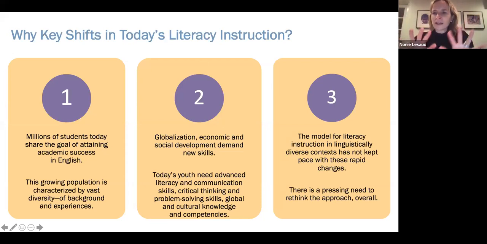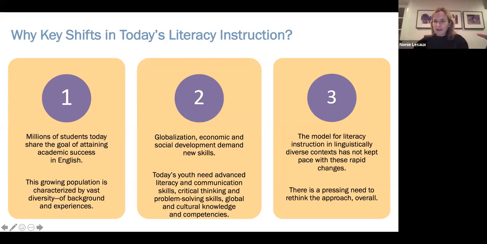With those two together, we now look to the model itself, and we can say to ourselves with real certainty that the model of literacy instruction in these linguistically diverse contexts has not kept pace with these rapid changes.